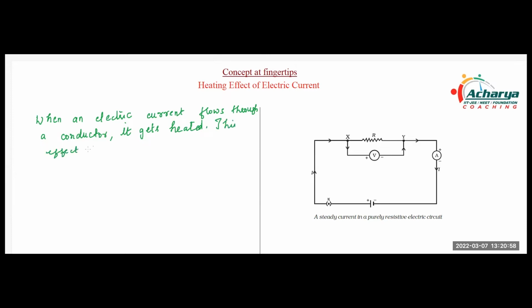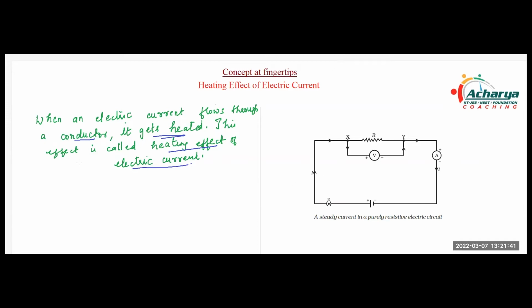This effect is called heating effect of electric current. So what is heating effect of electric current? When an electric current flows through a conductor, it gets heated. That is, the electric current gets converted into heat. This effect is called the heating effect of electric current.